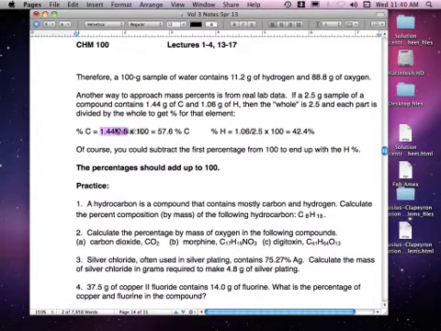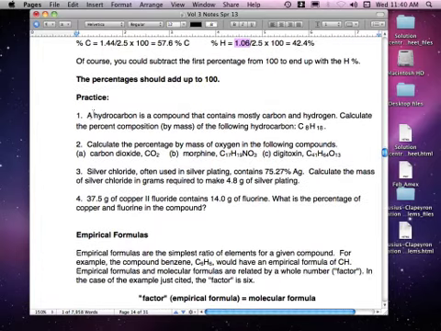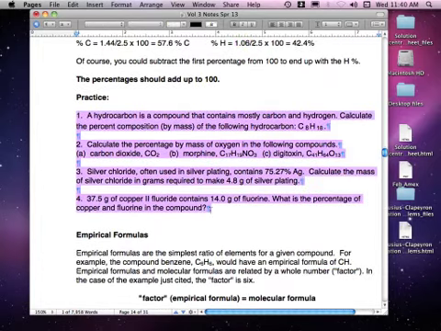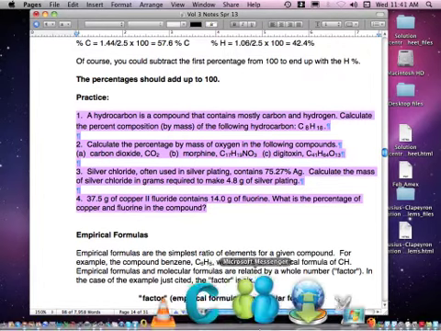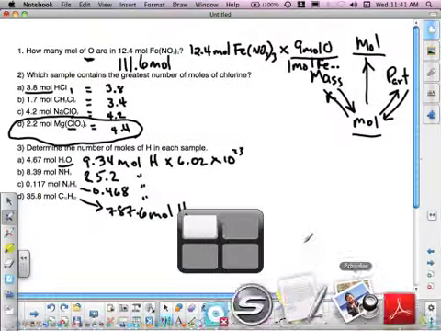So carbon part over the total, hydrogen part over the total times 100. All right. Of course, for the last one you have to figure out, you can always subtract what you've got so far from 100 to get the last one. So let's take these 4 into our notebook and work on those. And then when we come back, we have one more thing to learn today, and that is empirical formulas.